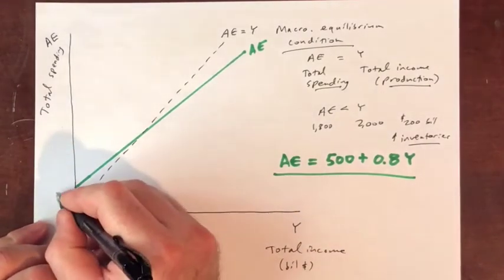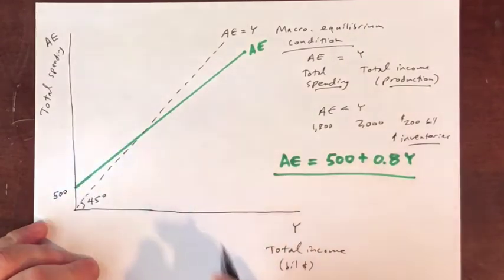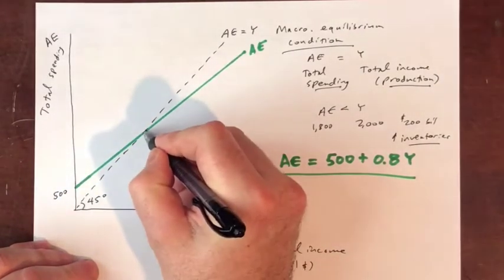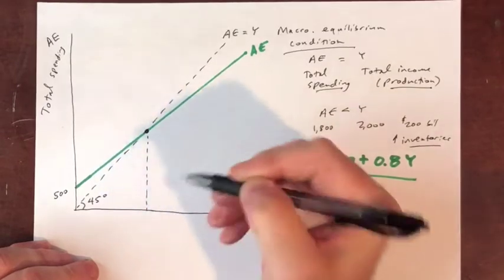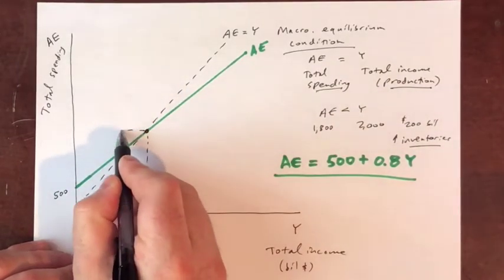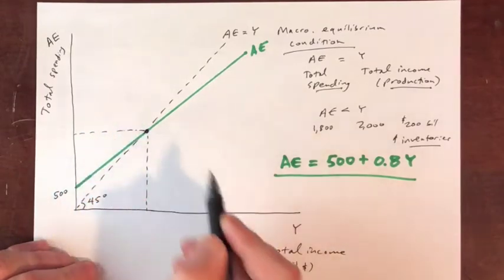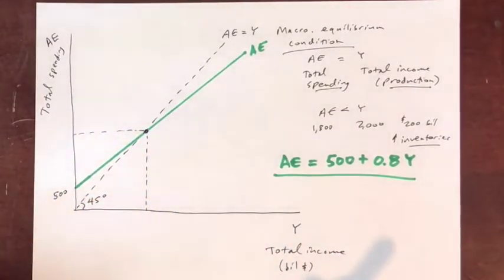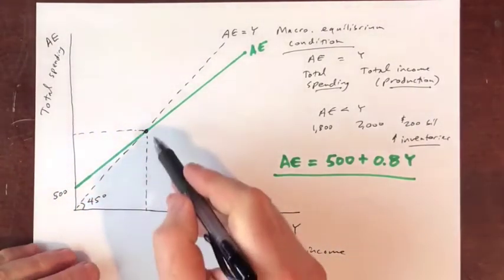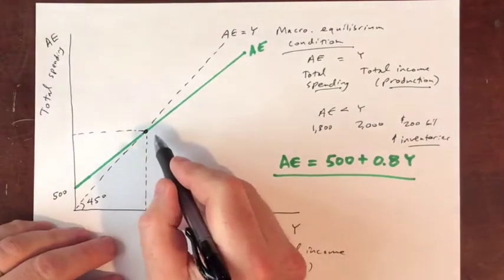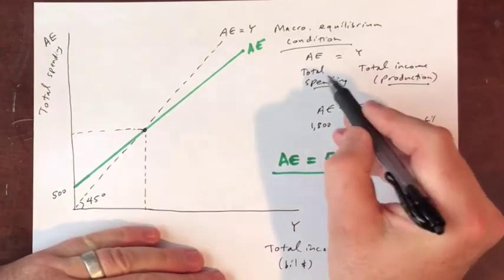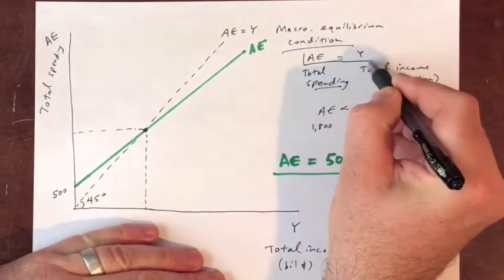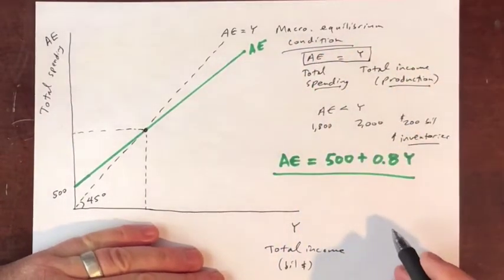We know that it's going to have an intercept at 500. It's going to have a point of intersection where it crosses the 45-degree line. This is important because this is our macroeconomic equilibrium. Okay, so to figure out where this crosses the 45-degree line, well, remember, for this to happen, our condition must be met. Our condition is total spending equals total income.